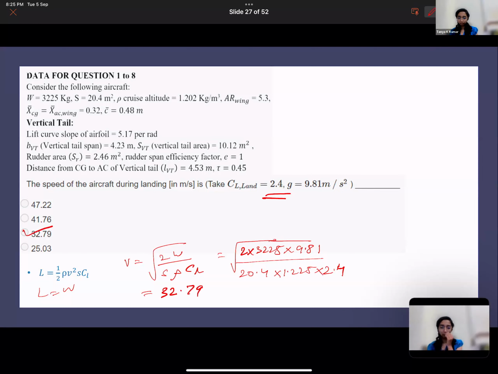Let me know if it's wrong. I've got something around that value.